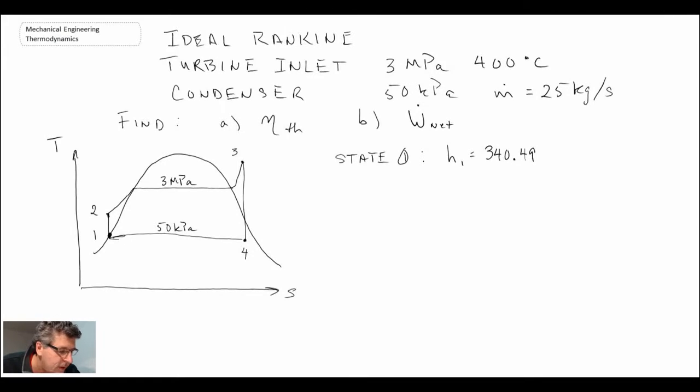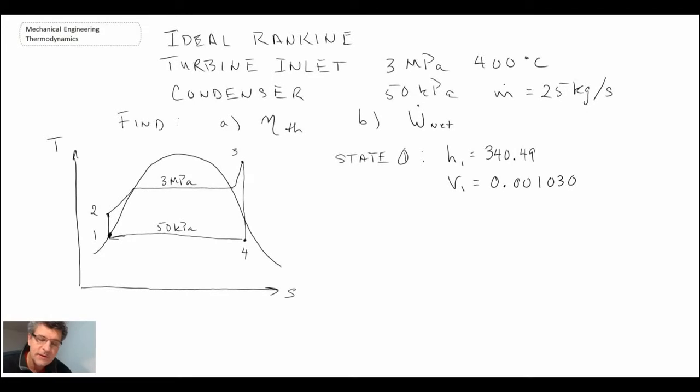Another thing to pull off at this point is the specific volume. After you do a number of these problems, you'll know which things to pull out of the steam table at which point, but you'll see why we want the specific volume in a moment. So that's the specific volume at state 1 as well as the enthalpy. Now, we have a pump which takes us from 1 to 2.